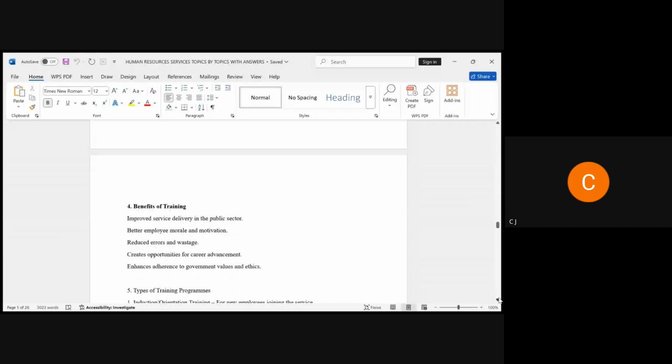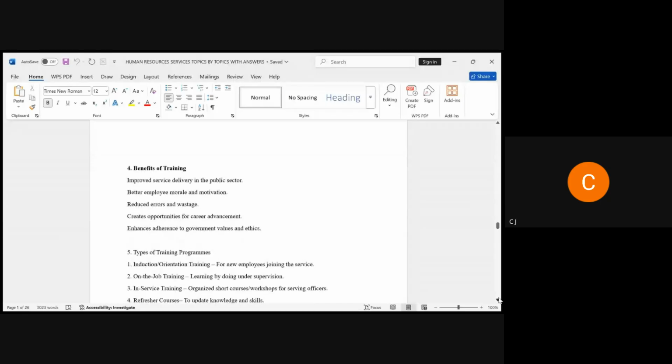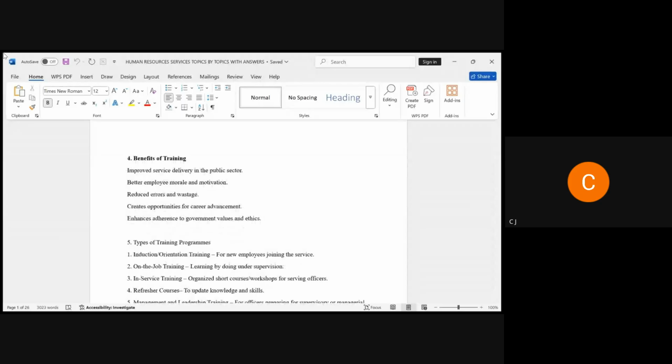Types of training. We have induction, orientation training for new employees joining the service. This one was not done to us. On-the-job training, learning by doing under supervision. I got this training. In-service training, short courses and workshops for serving officers.